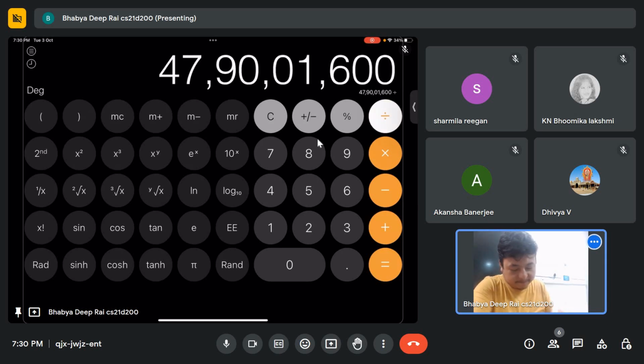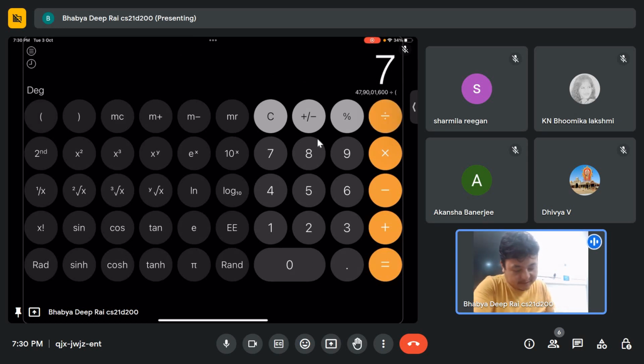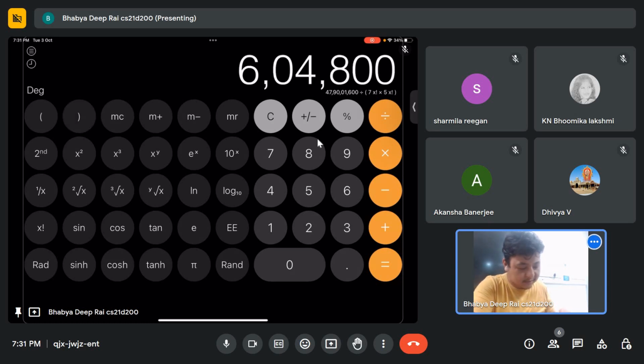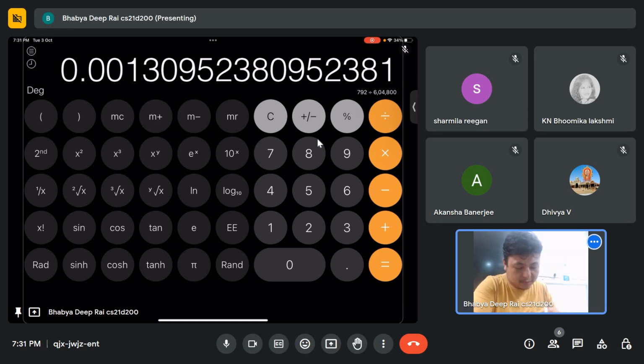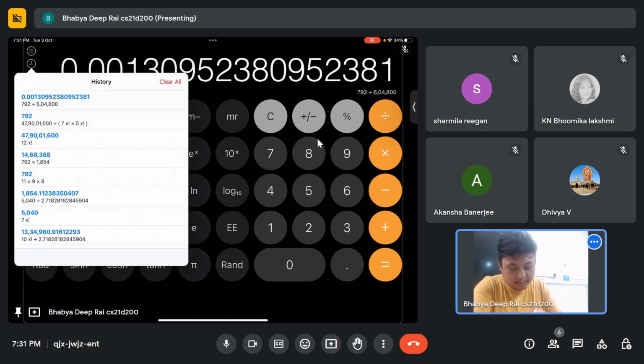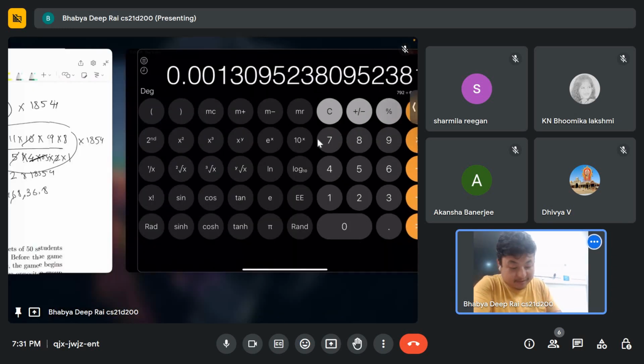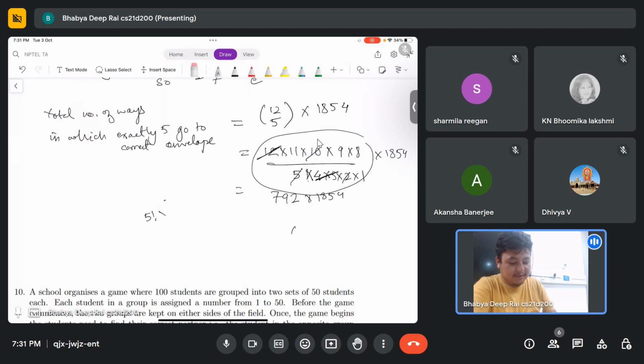I don't think this calculator will be able to do it directly, but 12 factorial divided by 7 factorial times 5 factorial is showing 792. This should not be proper, but okay, I'll think about that later.